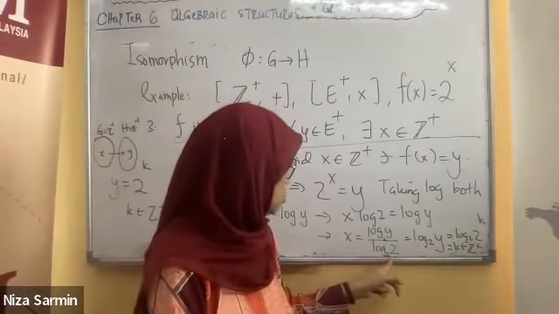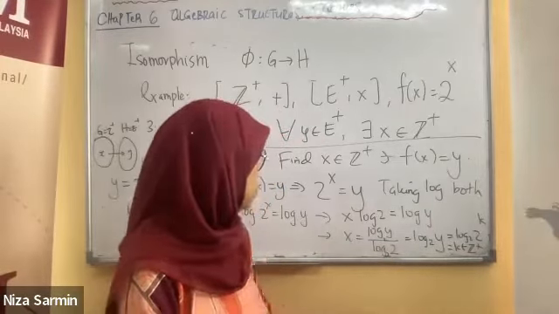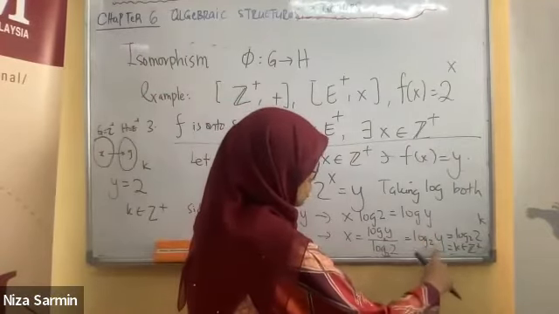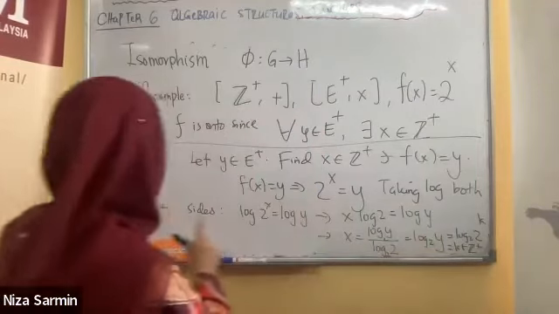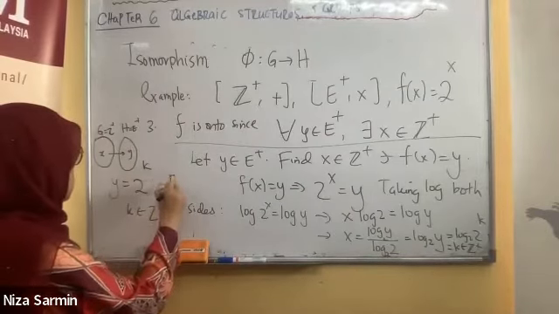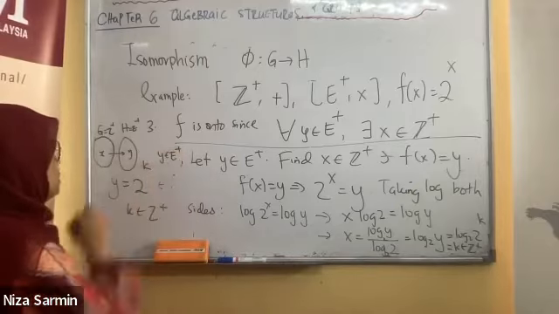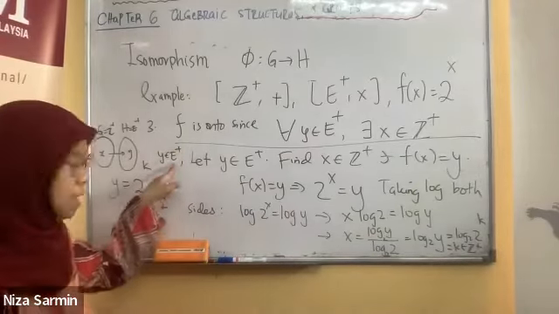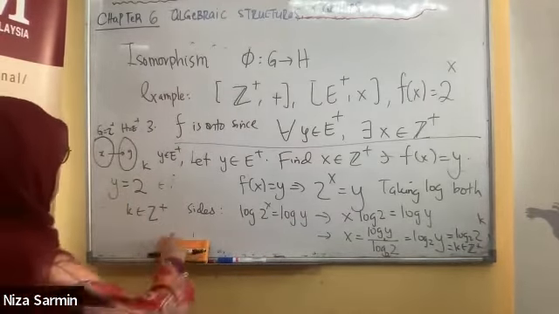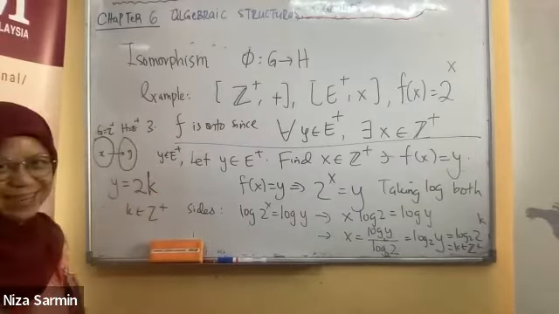So I take log base 2, so I can get rid of dividing this, dividing 1, right? So this one is log 2, 2. And to show this is in Z plus, I know that if y is in E plus, even number, plus 2 for y has to be 2k, sorry.